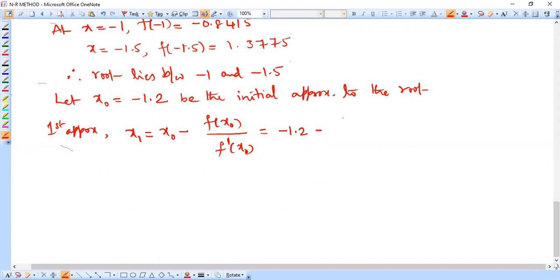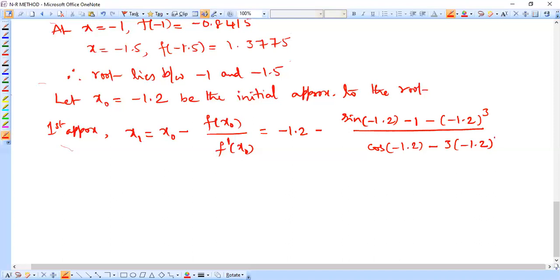Sin of minus 1.2, minus 1, minus of minus 1.2 whole cube, divided by its derivative, cos of minus 1.2 minus 3 times minus 1.2 square. Okay, now the answer to this is given by minus 1.2516.